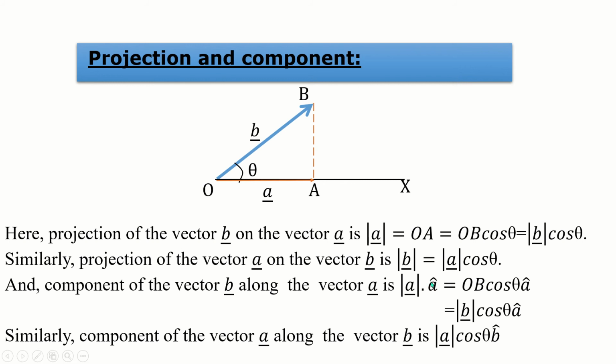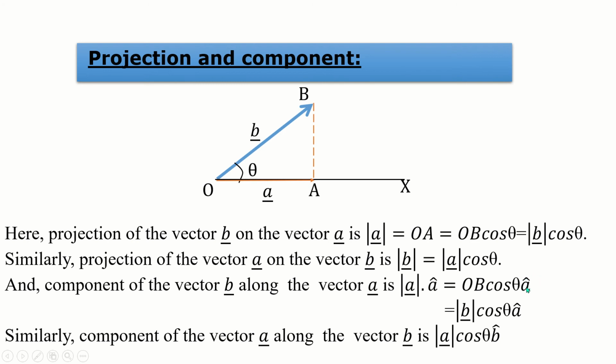Unit vector means whose magnitude is 1, or a vector divided by its magnitude gives the unit vector. Clear? Along the OA vector, the direction will be its unit vector, that means a hat.